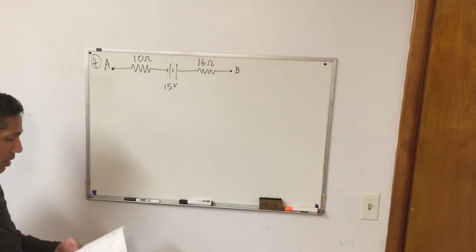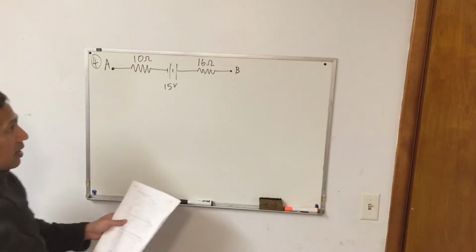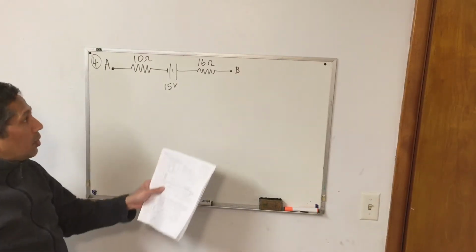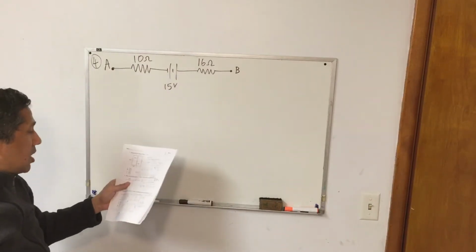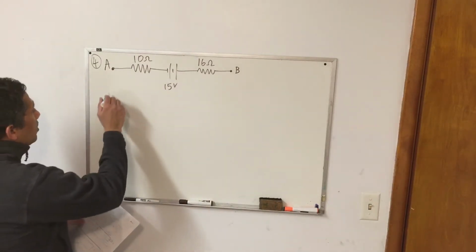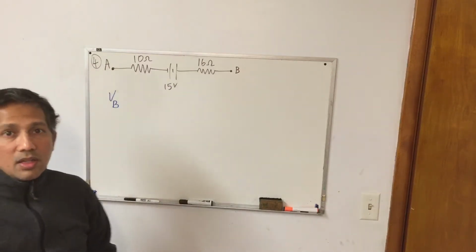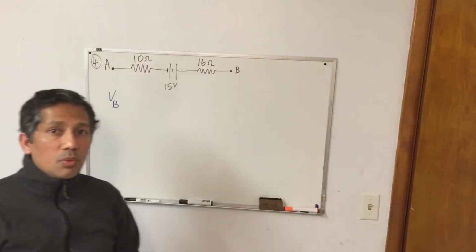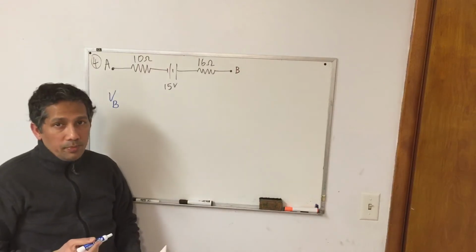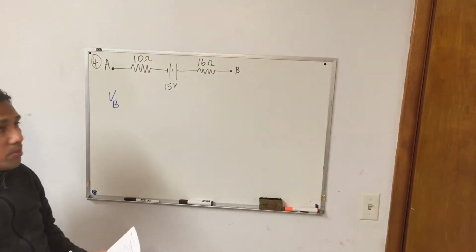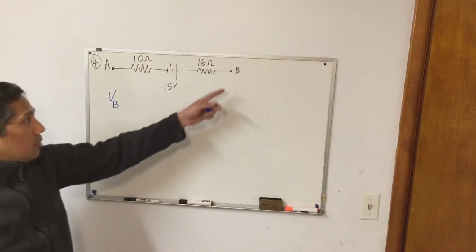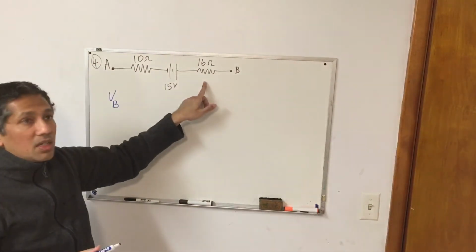So we start with the Kirchhoff's loop law, and even though it's not quite a loop, I'm going to be going from B to A. I start from the point B, and let us say that the potential of the point B to start with is some VB, and then I'm going to be moving from B to A. When I go from B to A, what's the first thing I see?